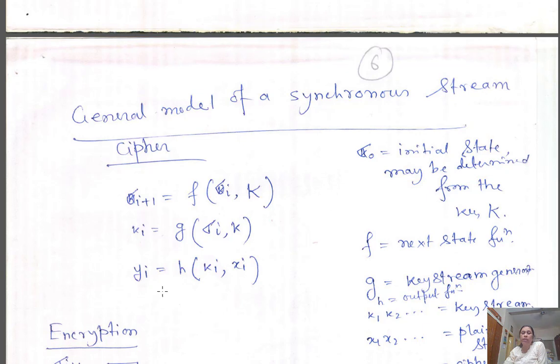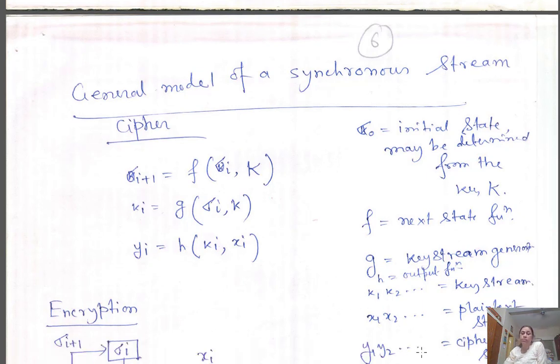Why synchronous? Because the key you are generating uses only the initial given key. It does not depend on the plain text values x1, x2 or the previous ciphertext values y1, y2, yi minus 1, or previous plain text values x1, x2, xi minus 1. So it is a synchronous stream cipher.